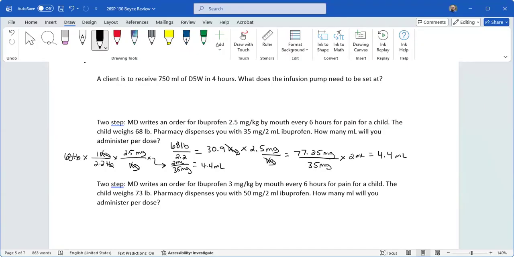For those of you who got 3.9, did you round the 73 divided by 2.2 and then solve? I just want to see. I'm going to try to do the same thing.